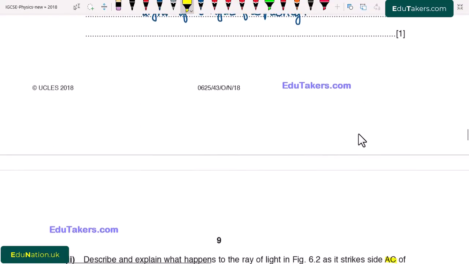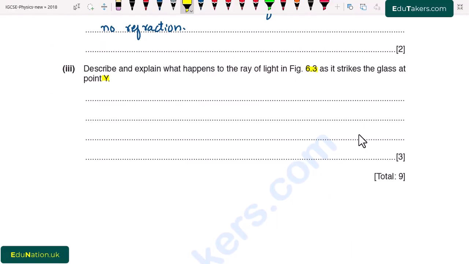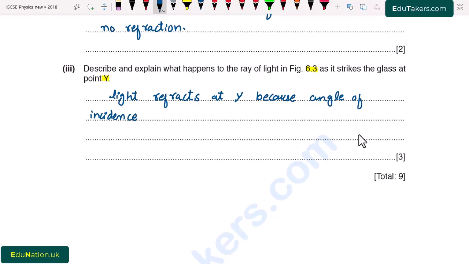So I write here: some of the light reflects and some of the light refracts at point Y. Because in this case, the angle of incidence is smaller than the critical angle, and some light also reflects.